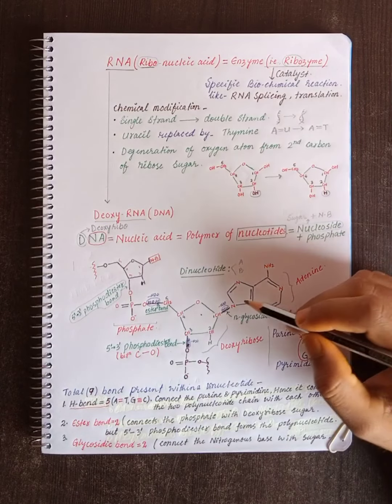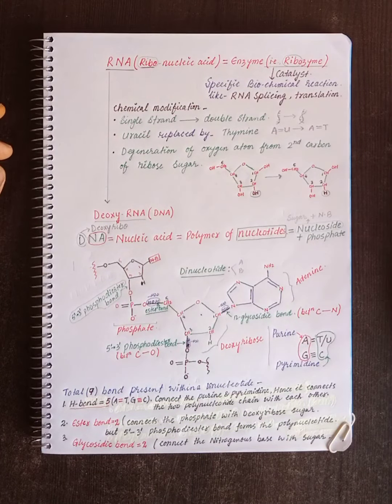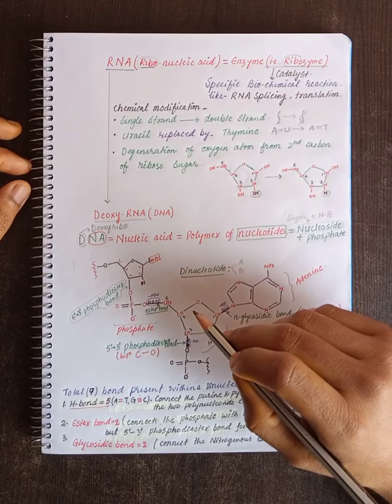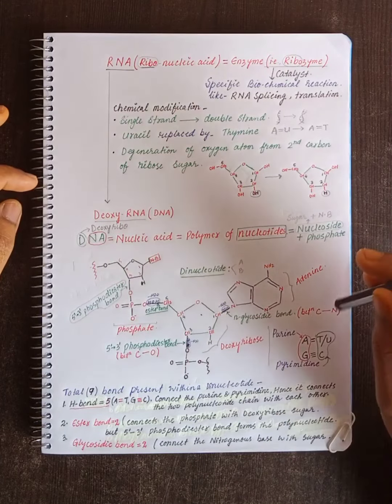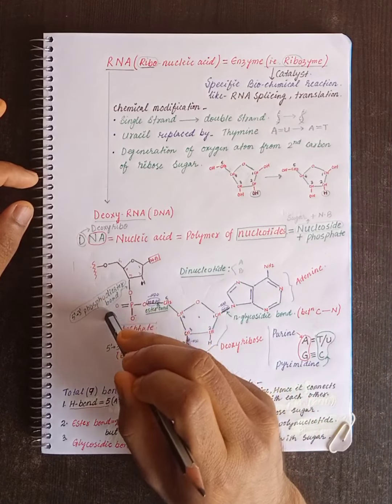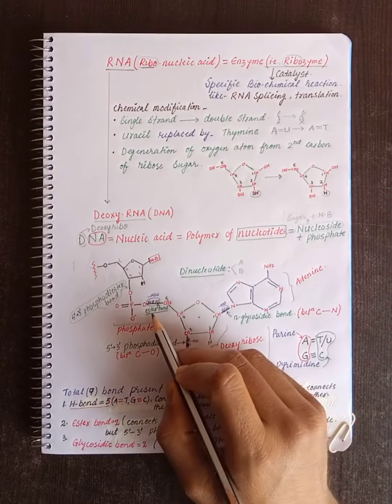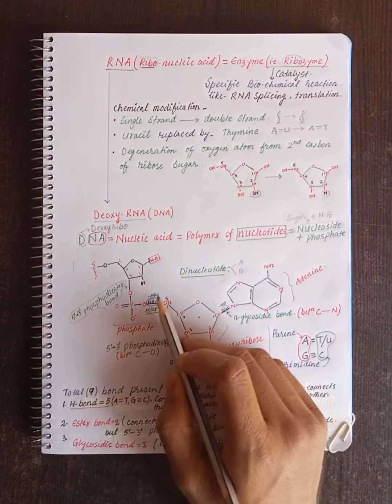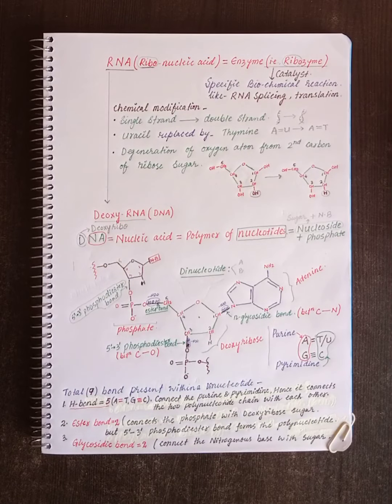Therefore, this bond is also known as a covalent bond. Similarly, the ester bond is formed between the nucleoside and phosphate molecule. This ester bond connects the nucleoside with the phosphate molecule.